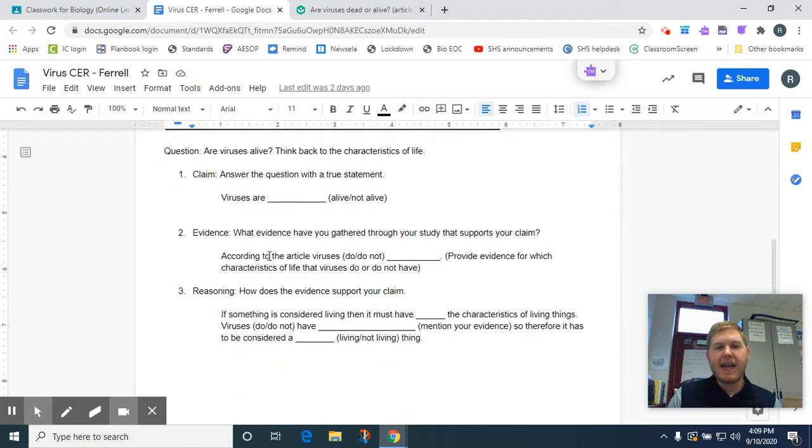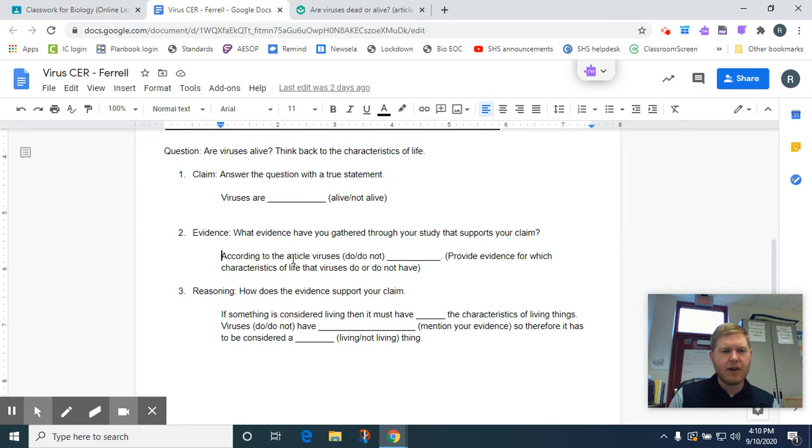The next thing would be the evidence. Remember, the evidence is the why to your answer. If you said viruses are alive, the evidence tells us why you think it's alive. Same thing if you think it's not alive: the evidence tells us why you don't think it's alive. If we look down here at the sample, I gave you some sentence frames, some starters to sentences.